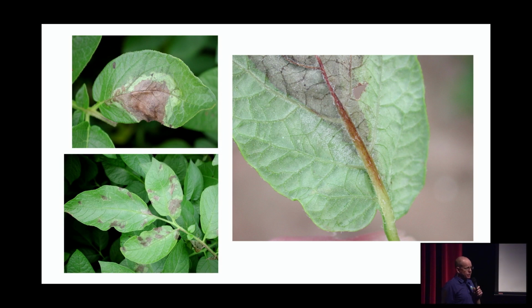Fortunately, we don't see this very often, but I wanted to put this up as an encouragement to go out and scout. Right now, James Woodall at the University of Idaho operates a spore trapping network, and he will find spores of the pathogen Phytophthora infestans that causes this disease during the season.